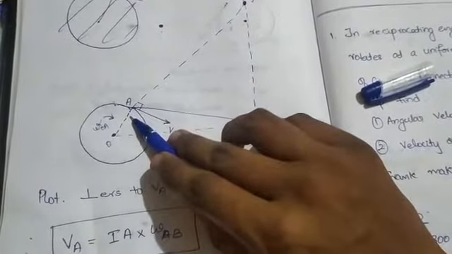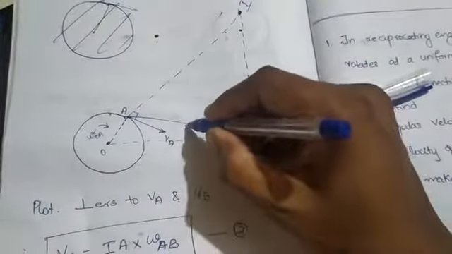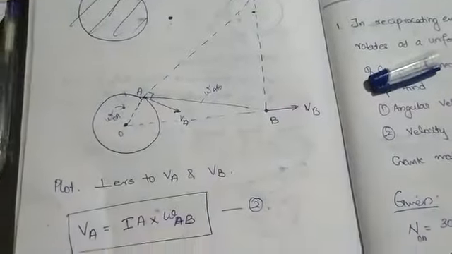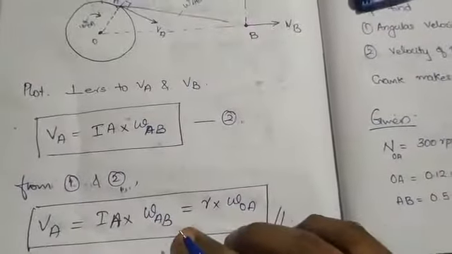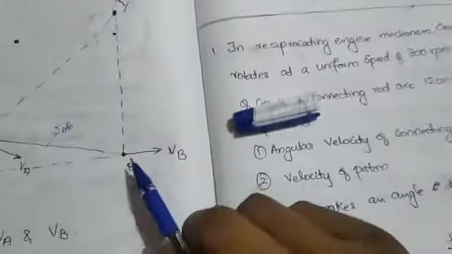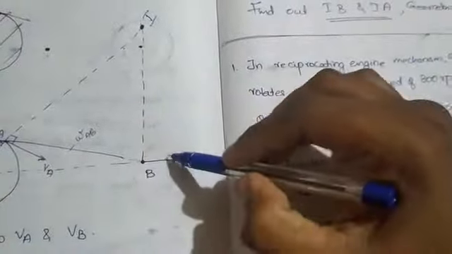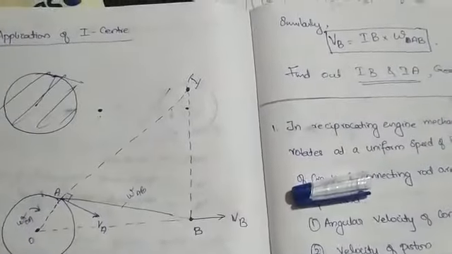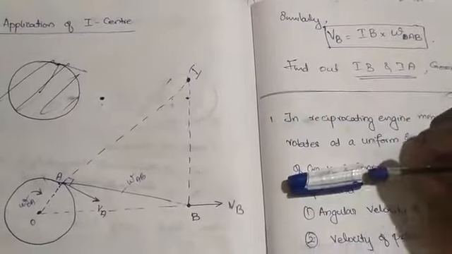So VA is R into omega OA as well as IA into omega AB, right? So VA is equal to IA into omega AB, equal to R into omega OA. And VB is IB into omega AB.